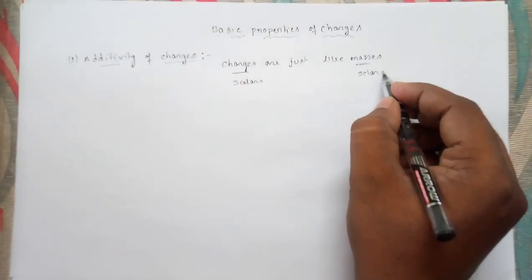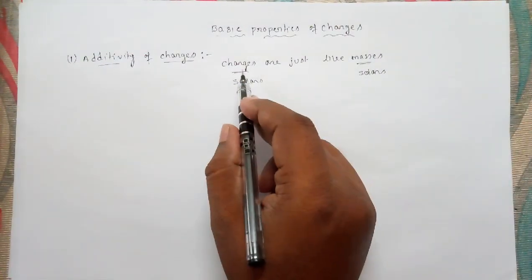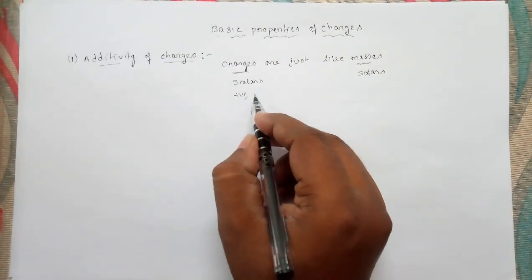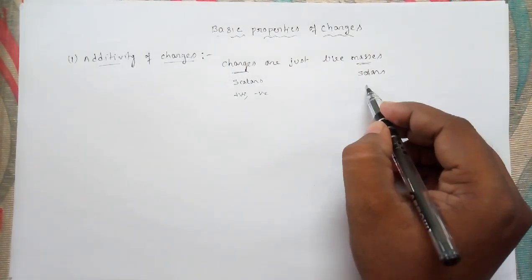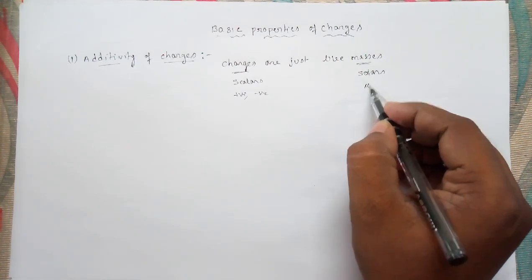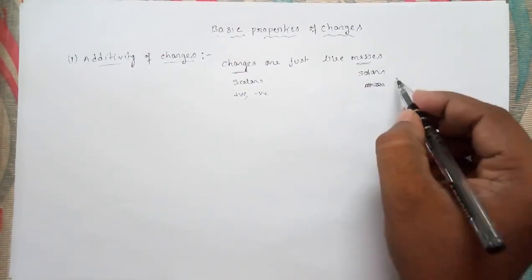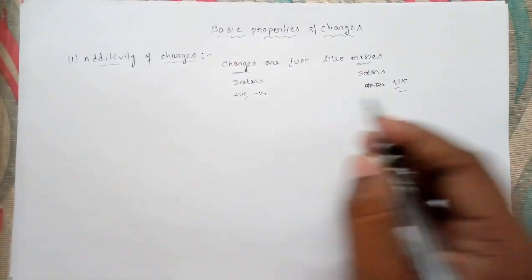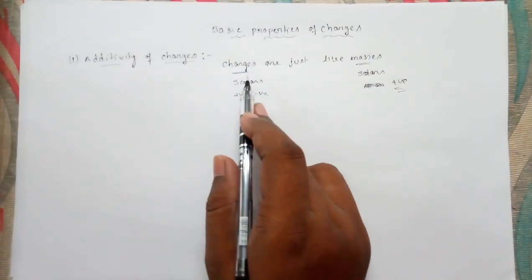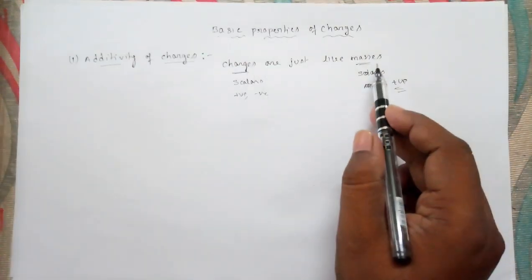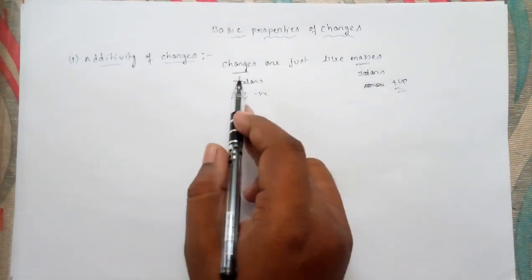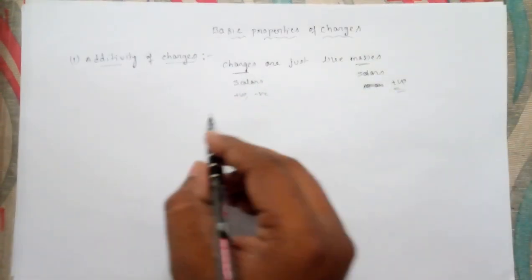The difference is that charges can be both positive and negative, but mass is always positive. So charges can be added. How the masses can be added algebraically, the charges also can be added algebraically.